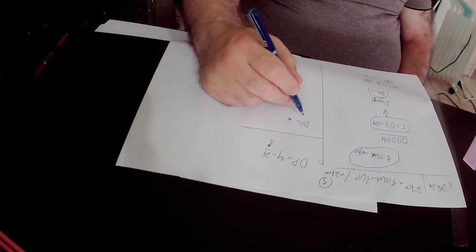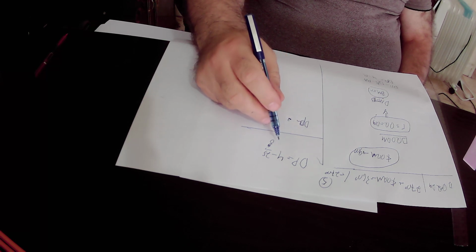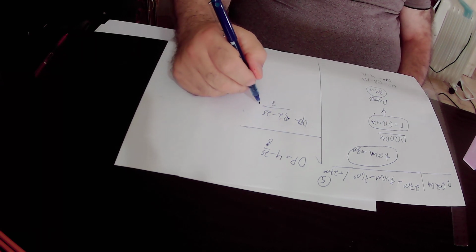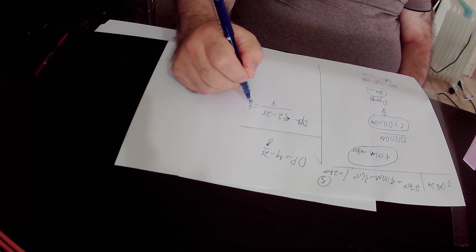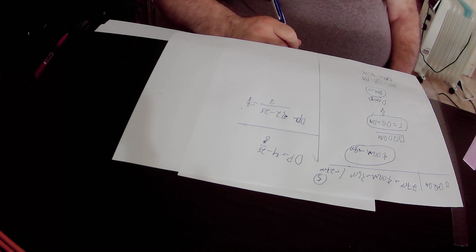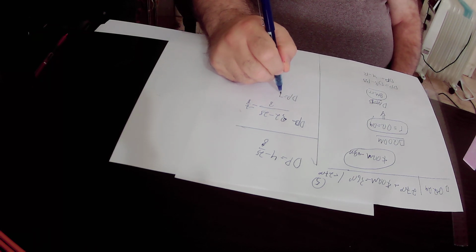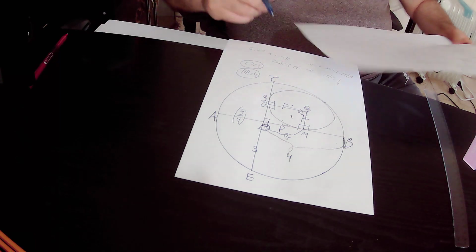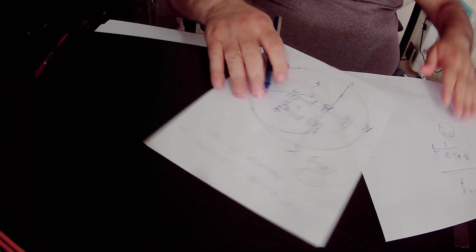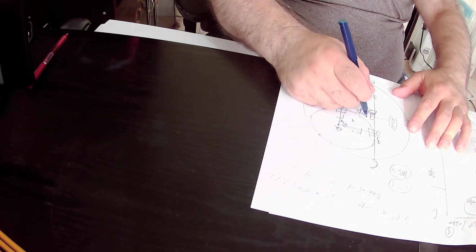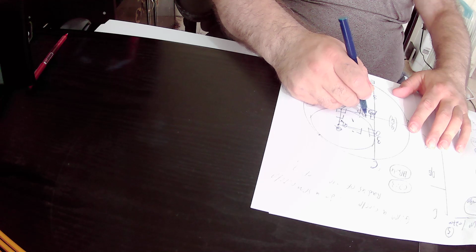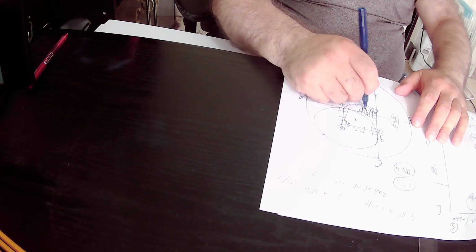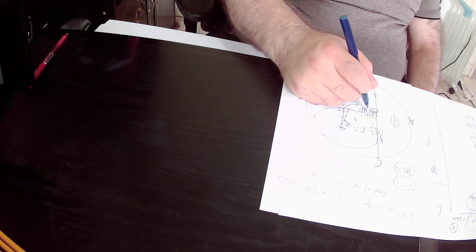And we get that dP equals 4 times 8 is 32 minus 25 over 8. 32 minus 25 is 7, so I say 7 eighths. Okay, so dP equals 7 eighths.